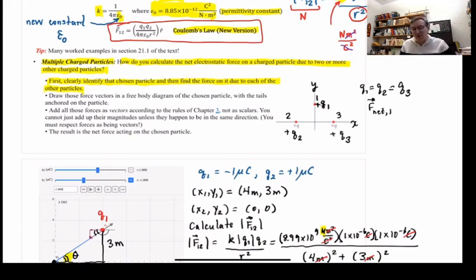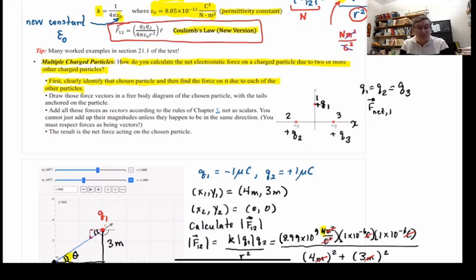Let's just sketch it in the drawing. All right, so we've clearly identified the chosen particle, particle 1. And we're going to find the force on it due to each of the other two. So there's going to be a force on 1 due to 2, and a force on 1 due to 3.